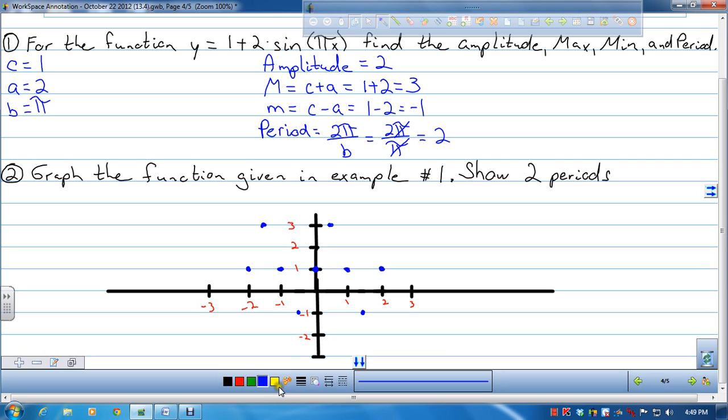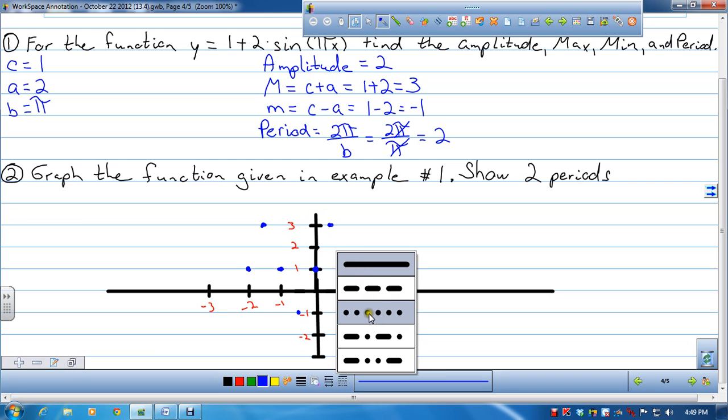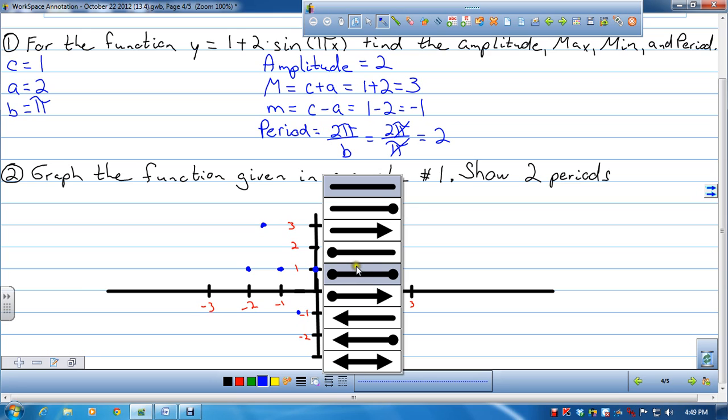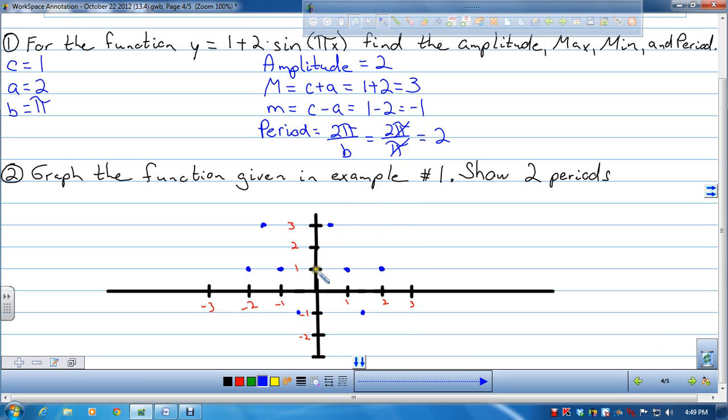Okay. So I graphed both periods at the same time. I could have just graphed one, and let's see here, let's draw this. I'm going to make this dotted, and make it go like this.